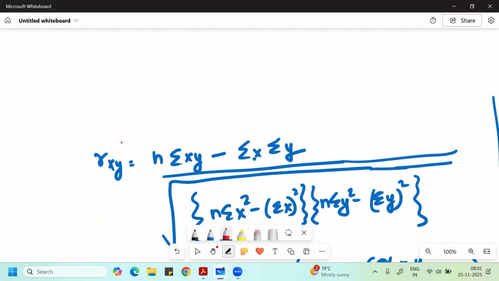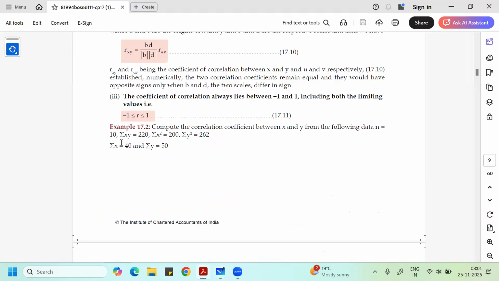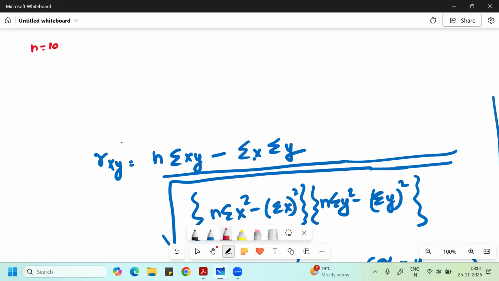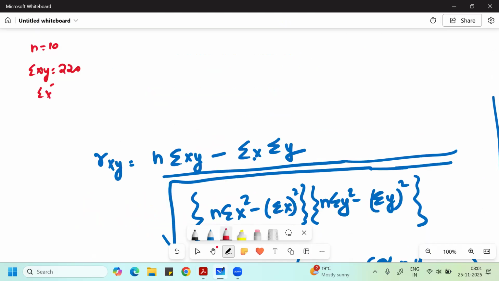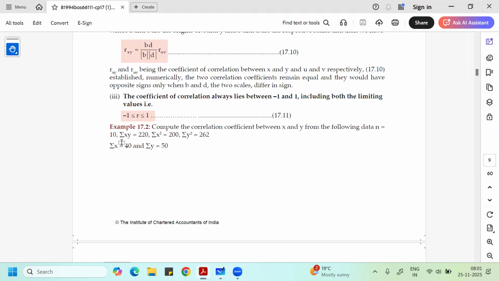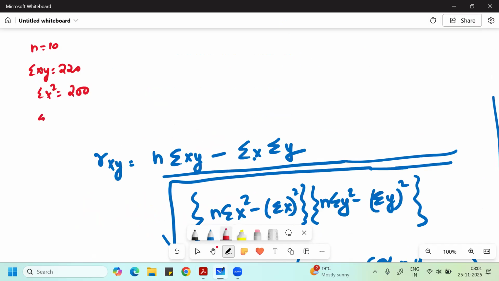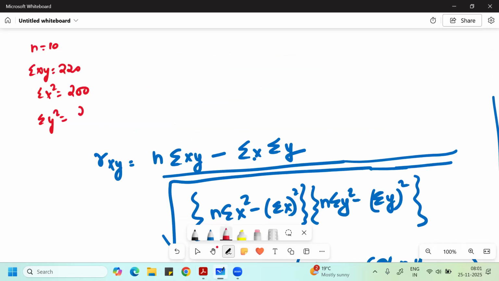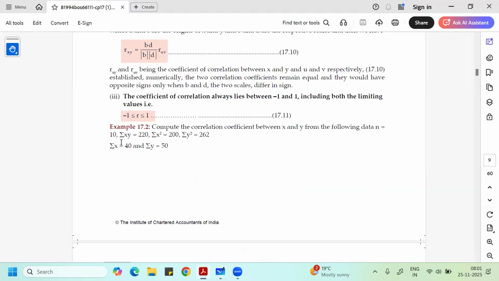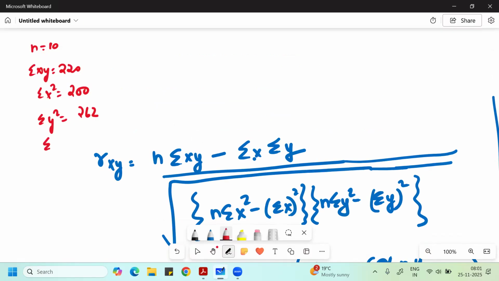Here is the formula, and they're telling you sum of xy is 220, sum of x square is 200, sum of y square is 262, sum of x is 40, sum of y is 50. They've given you this data.